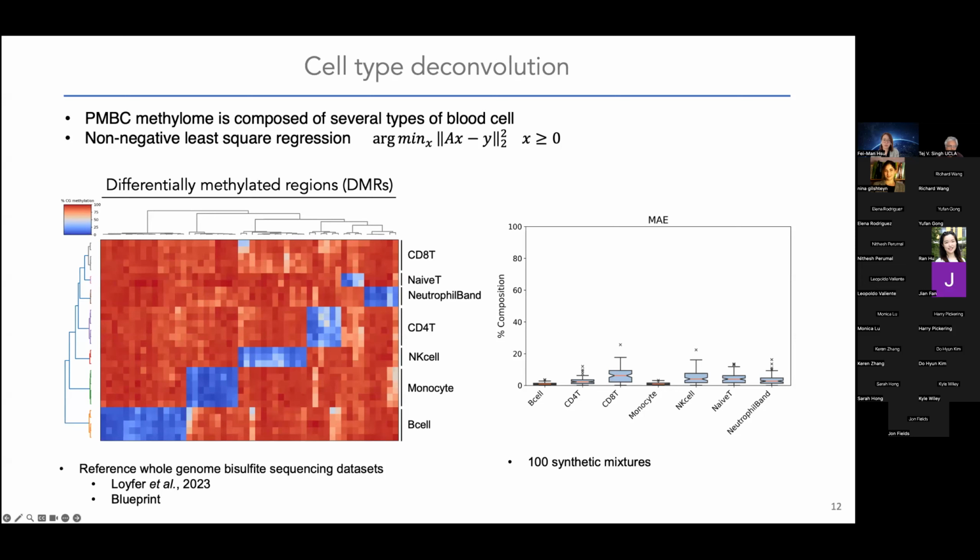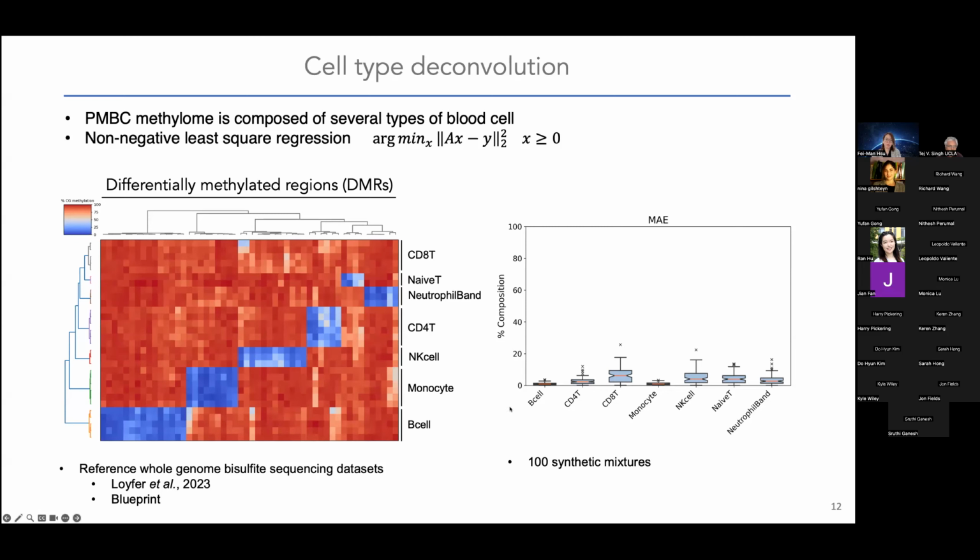After we build the model, we even do synthetic mixtures to verify the max absolute error, to see if this model is actually giving us a very low error rate. And the answer is yes, we can get an error lower than 5% for some, even 2% for some cell types.